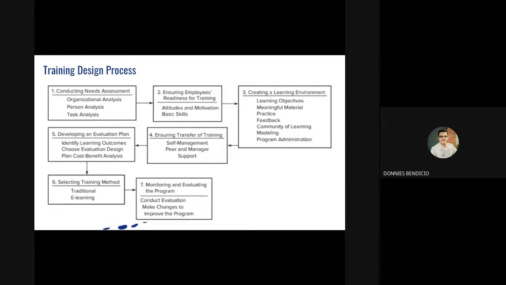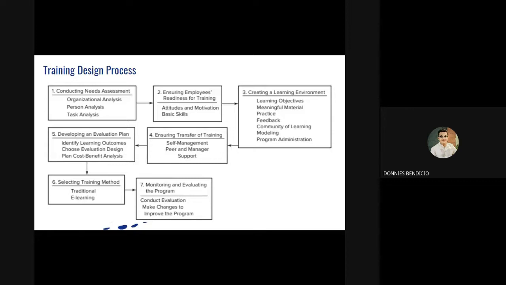So let's say, for example, is there a need for that particular skill, knowledge, or abilities, right? So step number 2 is to ensure that employees have the motivation. You have to ask first the employees if they have the motivation and basic skills necessary to master that training content. Okay? So step number 3 is to create a learning environment that has the qualities or features necessary for the learning to occur.